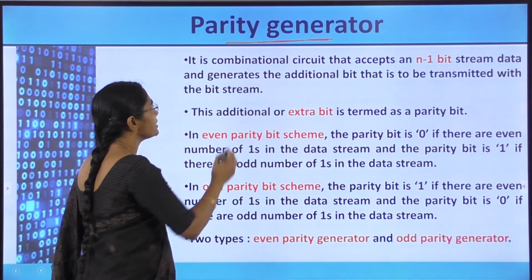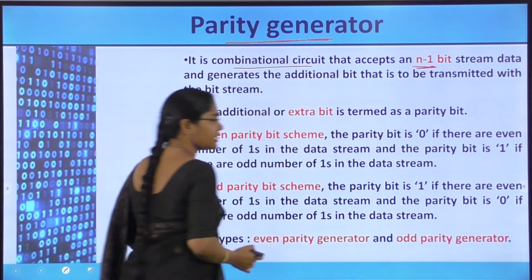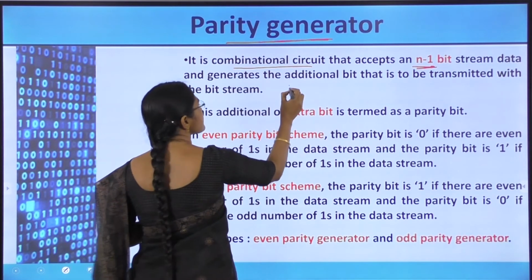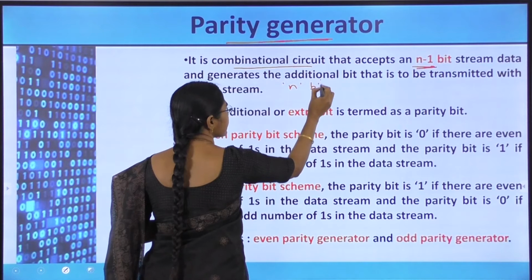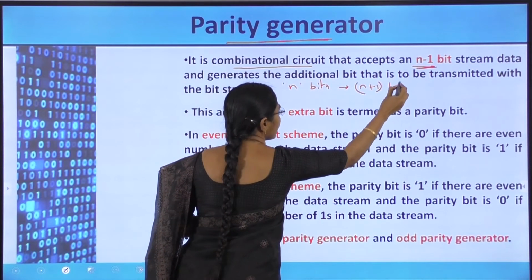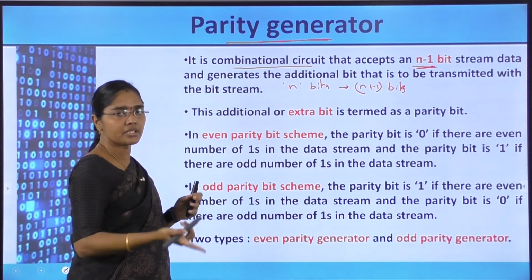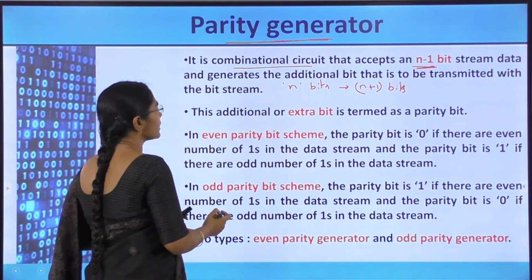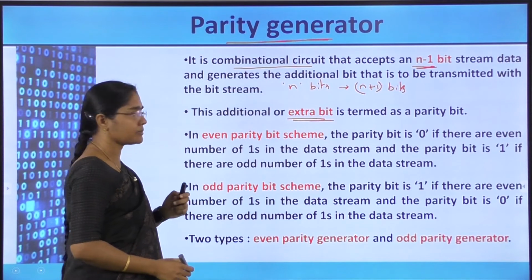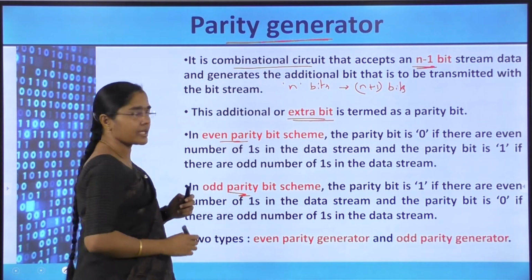A parity generator is a combinational circuit which accepts n minus 1 bits and gives n bits, or we can consider it as accepting n bits and giving n plus 1 bits. That is nothing but simply taking some n bits and giving one extra bit in addition. Okay, and that extra or additional bit is called the parity bit. That parity bit may be the even parity bit or odd parity bit.